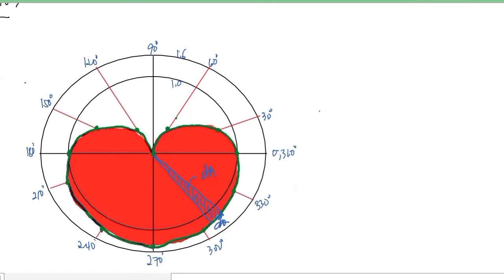Okay? So, from our formula, yung area natin is equal to 1/2 integral. Kung titingnan natin, since this is symmetrical, yung mukha ng kanan ay kamukha lang ng kaliwa. So, therefore, ita-times 2 natin ito.